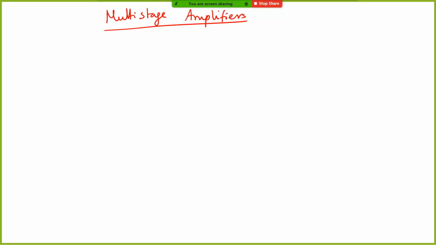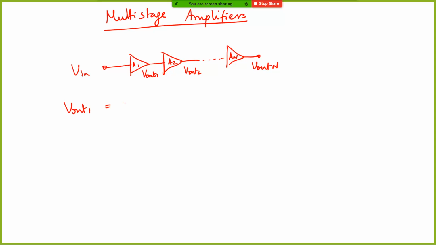So typically what is done is that you put multiple stages of amplification in cascade. Let's say this is amplifier 1, this is amplifier 2, this is amplifier N. Let's call the outputs Vout1, Vout2, Vout N. If you are giving a certain Vin, then Vout1 is A1 times Vin.